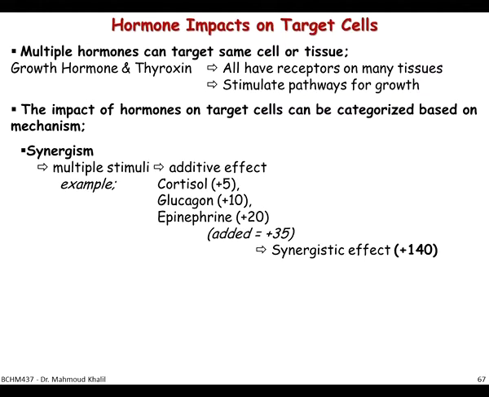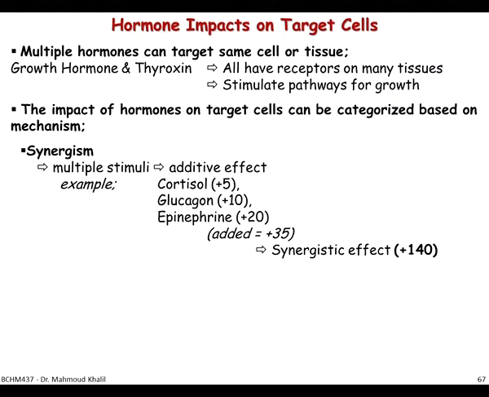For example, cortisone alone will make an effect of +5, the glucagon alone will make an effect of +10, and the epinephrine, which is adrenaline, will make an effect of +20. When all of them act on one target organ, tissue or cell, they will have synergism, and the effect will be amplified.